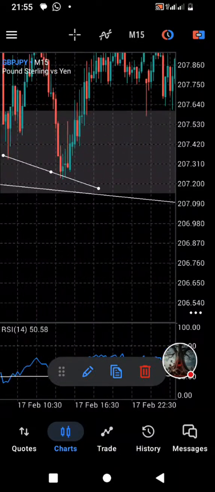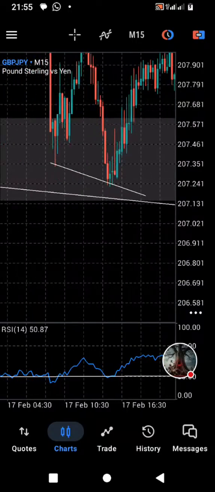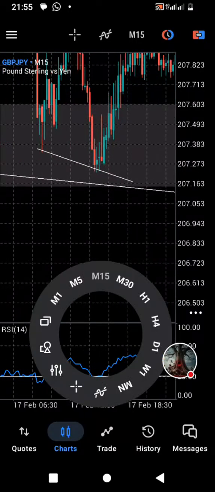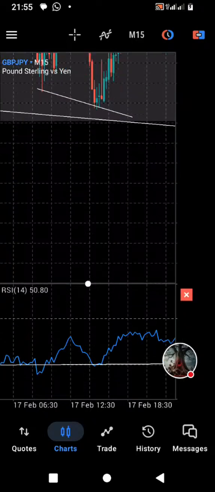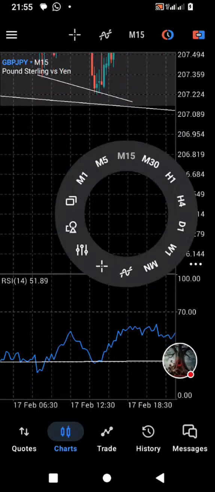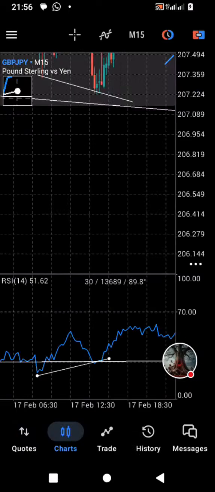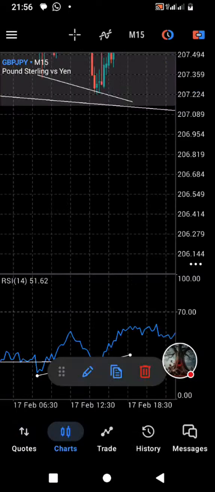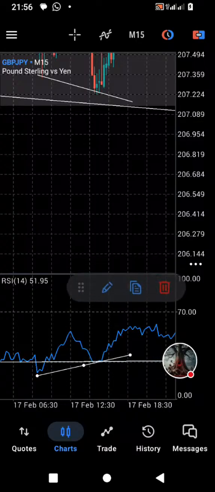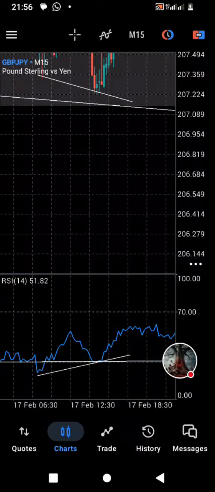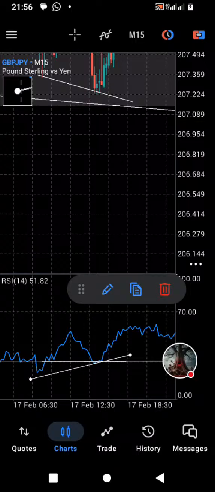You can see the divergence here with the RSI. When a divergence occurs like this, you know there is a change of direction. What's a divergence?